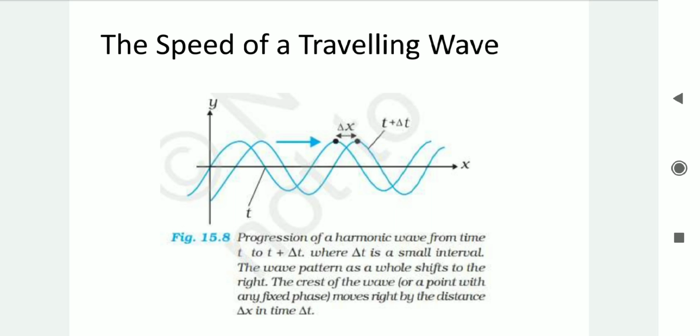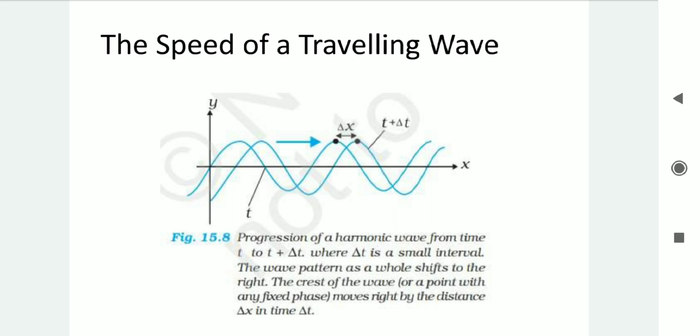That gives the shape of the wave at two instants of time, which differ by the small time interval delta t, and the entire wave pattern shift can be seen in the right direction by the distance change delta x. Here this crest, shown by the dot, moves by the distance delta x in delta t time. So we know that speed is nothing but change in position per time. So distance delta x divided by delta t will give you the speed of the wave.